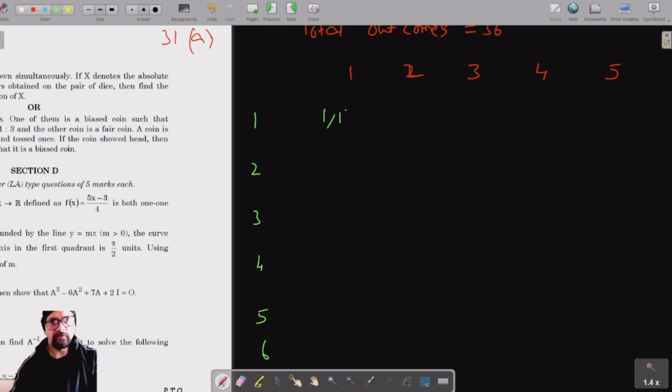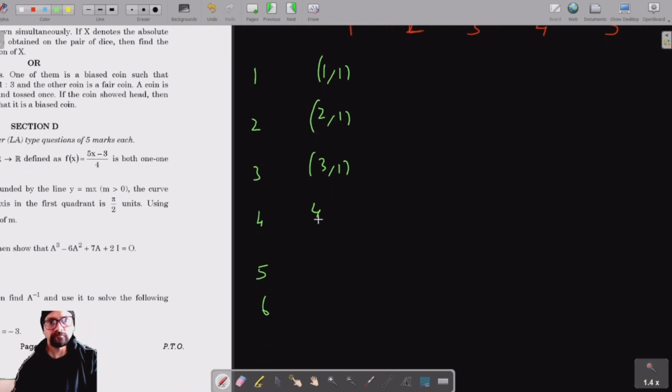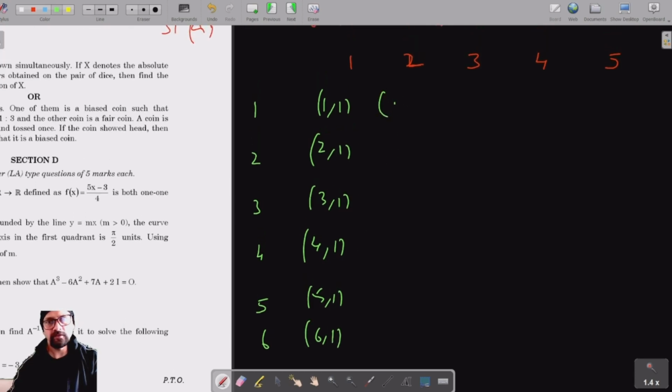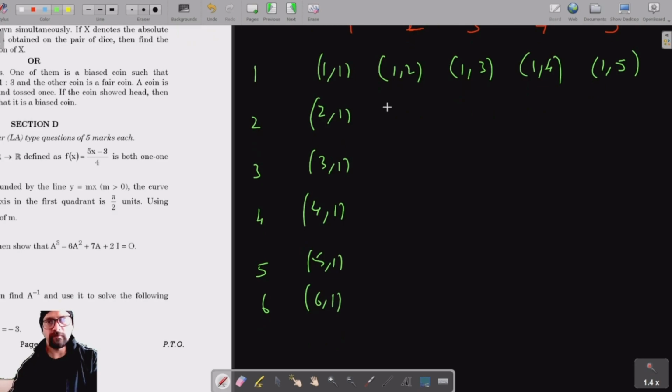So our possible outcomes will be 1, 1; 2, 1; 3, 1; 4, 1; 5, 1; 6, 1. This is 1, 2; 1, 3; 1, 4; and 1, 5.